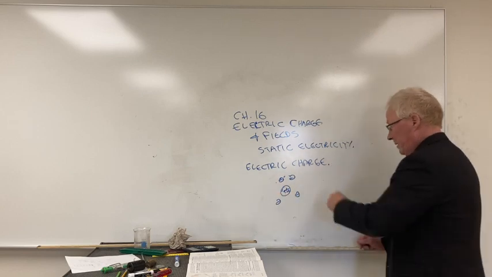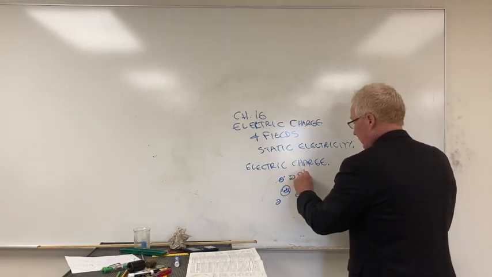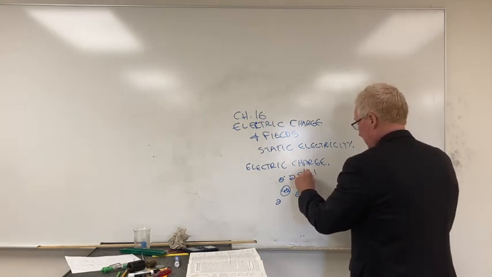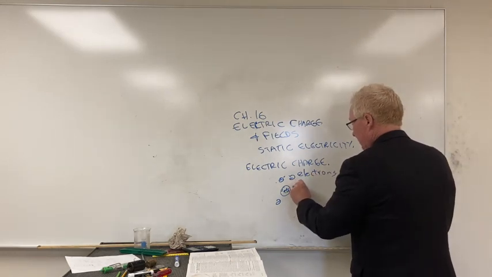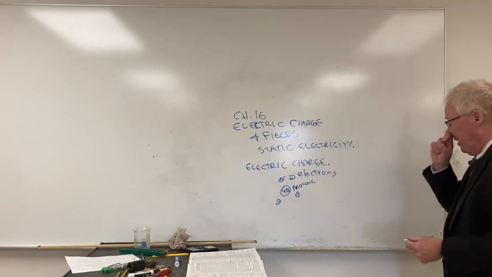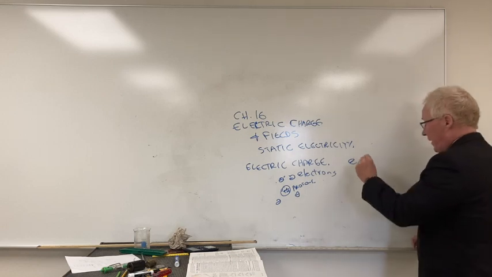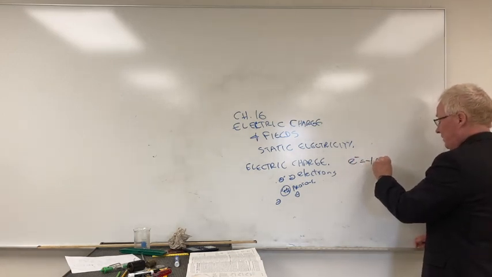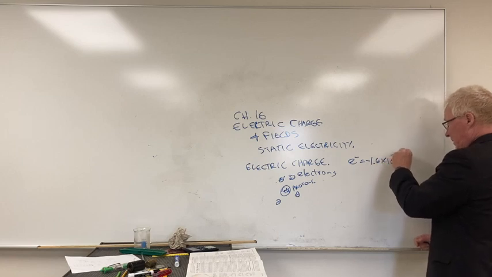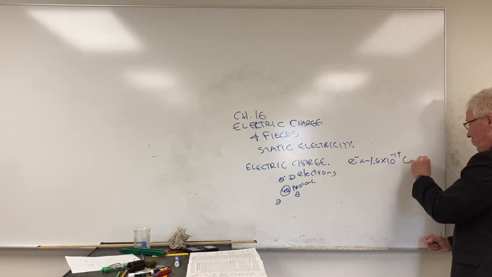So we have electrons out here, protons in the center, and the charge of the electron is minus 1.6 times 10 to the minus 19 coulombs.